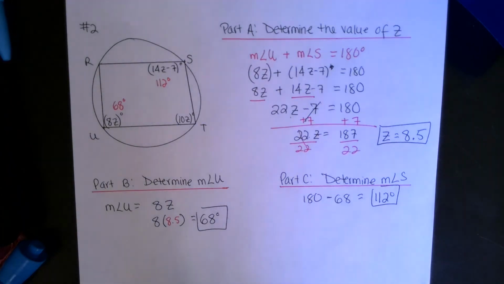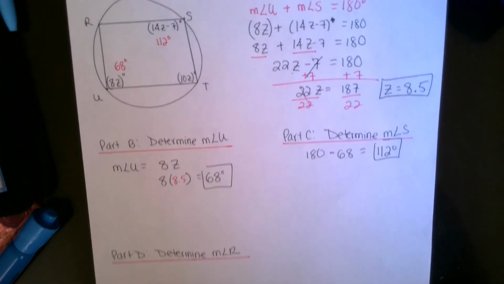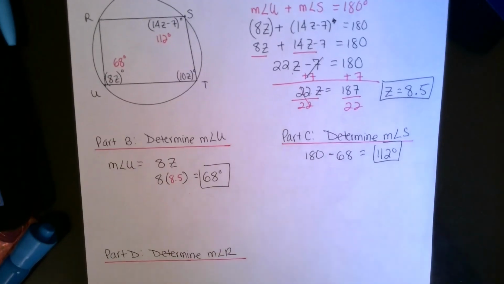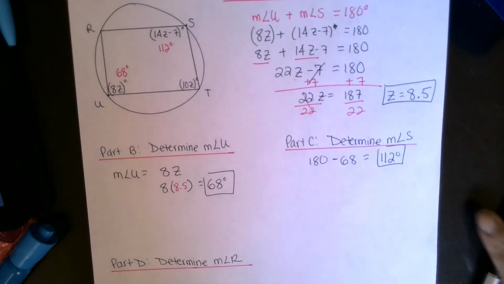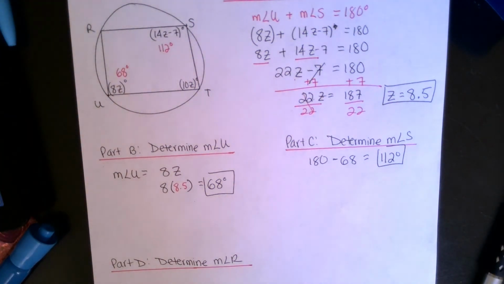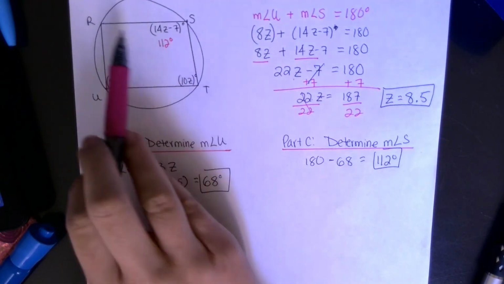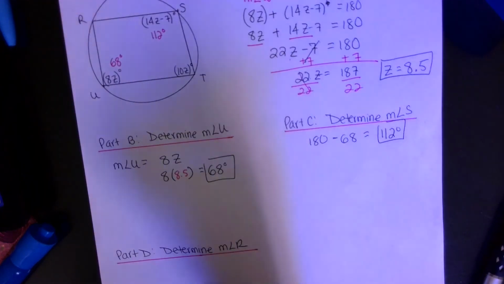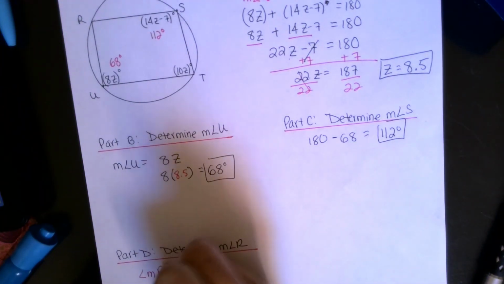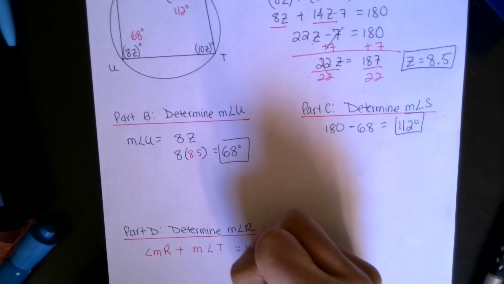Okay, and then last part, part D, determine the measure of angle R. Okay, so let's go ahead. We know opposite angles are supplementary. So let's figure out what angle T is first, because we know the measure of angle R plus the measure of angle T has to give you 180, right?